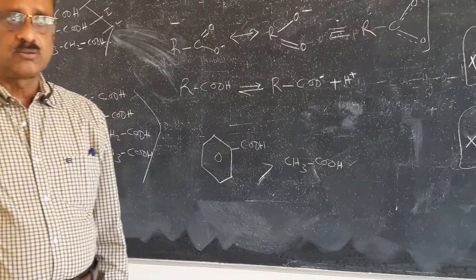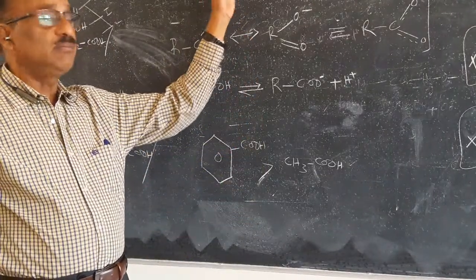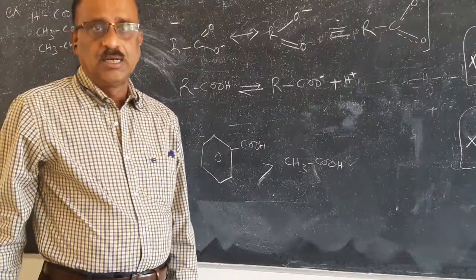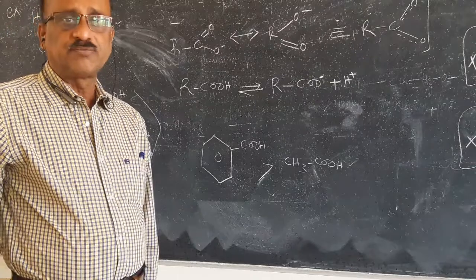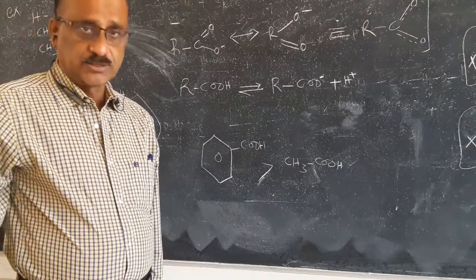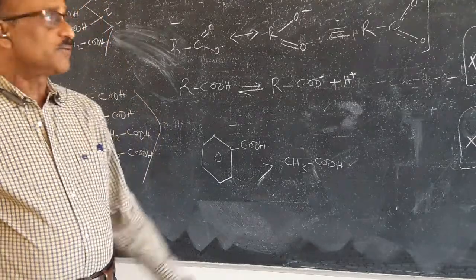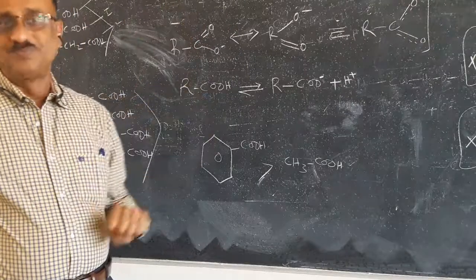Ionization means how easily you can remove the H plus from a compound. That shows the acidity of the compound. Acidity is a property of the easiness of removal of H plus. H2SO4 is also like that. HNO3 is also like that. Out of that, HCl is a strong acid because the acidity is so high.